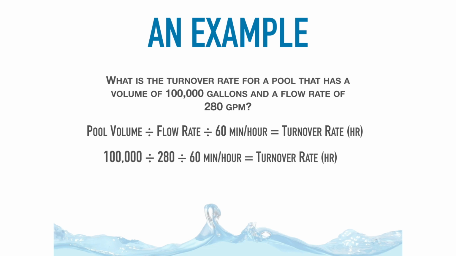Our flow meter reading, or our flow rate, is 280 gallons per minute. And we divide that by 60. So let's go ahead and do that math. 100,000 divided by 280 divided by 60. And what do you get? If you do the calculation correctly, you should end up somewhere around 5.9 hours. We'll round that up to 6 hours.